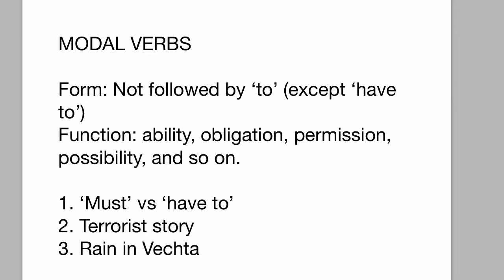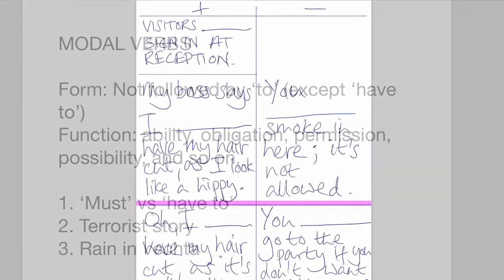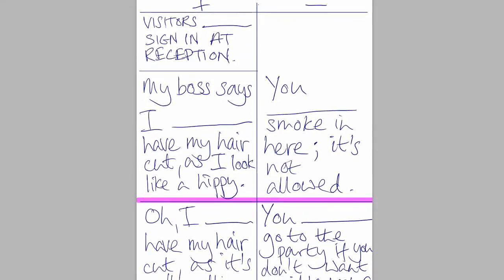Okay, so there are going to be 3 parts of today's class. First, we're going to compare must and have to. Then we have my terrorist story, and then we'll talk about rain in Fechter. You've got this document on StudIP.